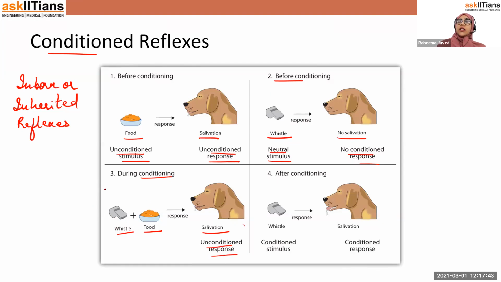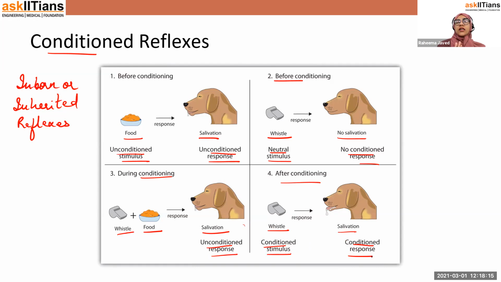After doing this many times, after conditioning, he blew the whistle, and the response given was salivation. The blowing of the whistle after conditioning became the conditioned stimulus, and salivation at the whistle blow was a conditioned response. So this is a conditioned reflex.